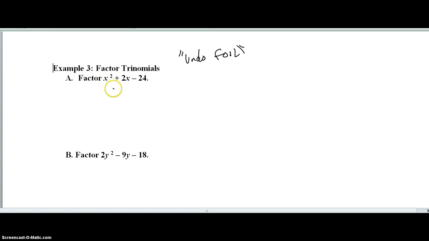Hopefully you all remember the idea of the product and the sum. So we want to have a sum of 2, and we want to have a product of negative 24. What are our factors of negative 24 that will multiply to give us negative 24 and add together to give us 2?